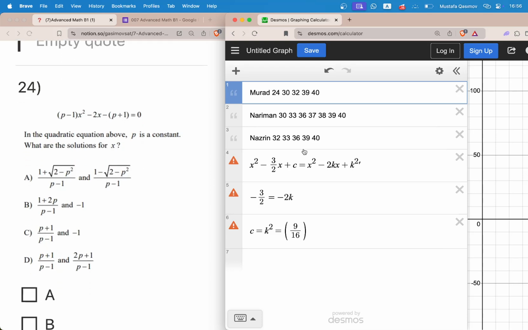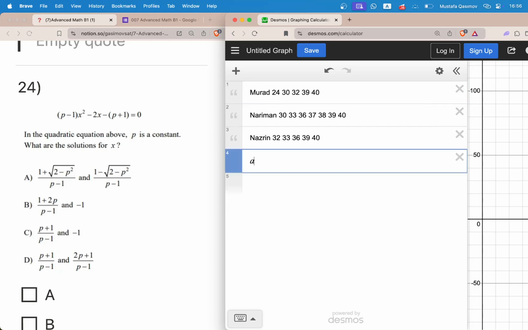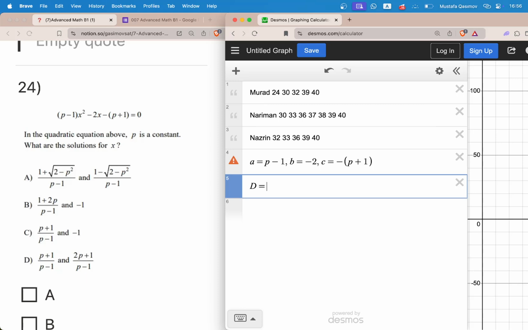That one, again, we have to use the discriminant. For the discriminant, we first identify a. It is p minus 1. We identify b. It is negative 2. We identify c. It is negative p plus 1. Then discriminant is equal to b square minus 4ac, and b square is 4. 4 minus 4 multiplied by a and c.